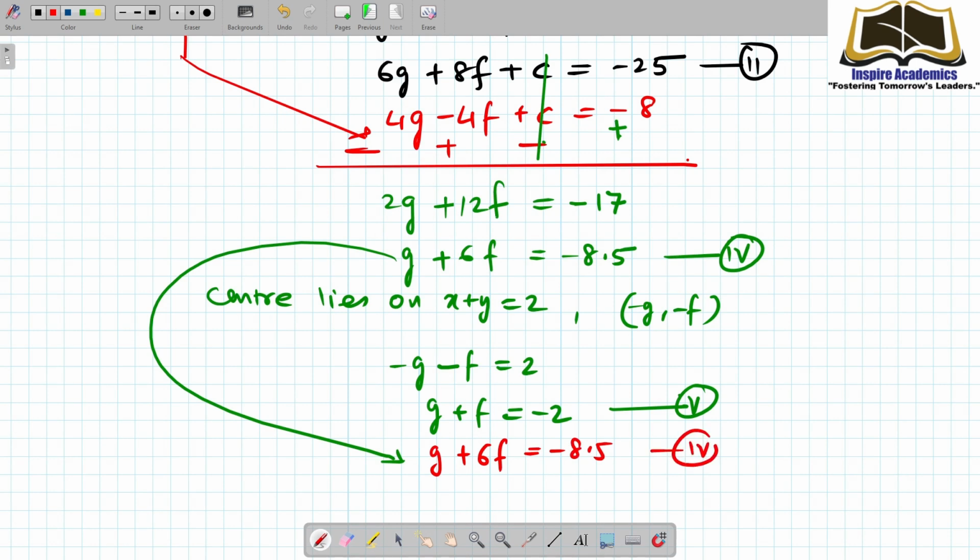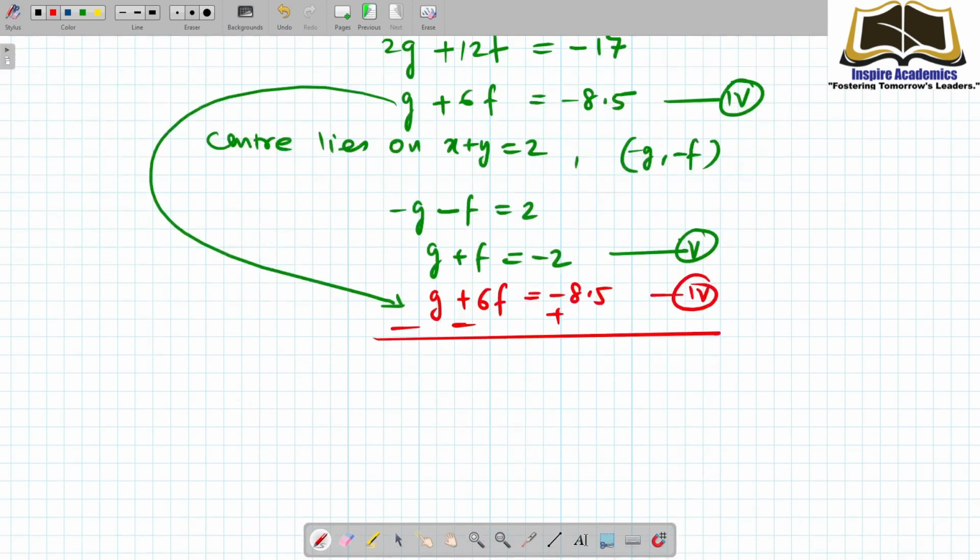Then subtract: negative, negative, positive. So we will get negative 5f equal to, 8.5 minus 2 is 6.5 here. So f would be 6.5 upon negative 5, which is negative 1.3.